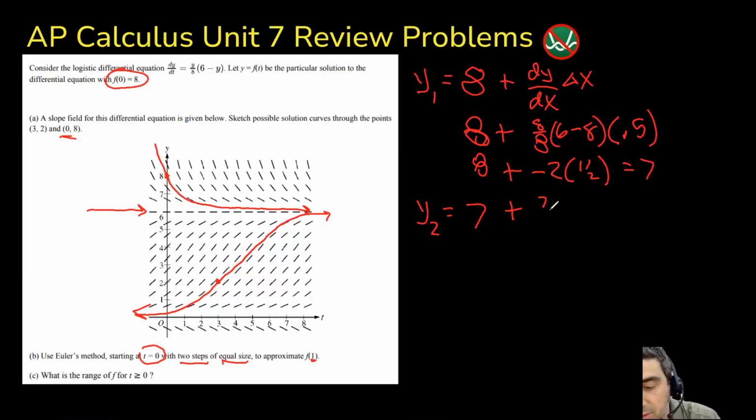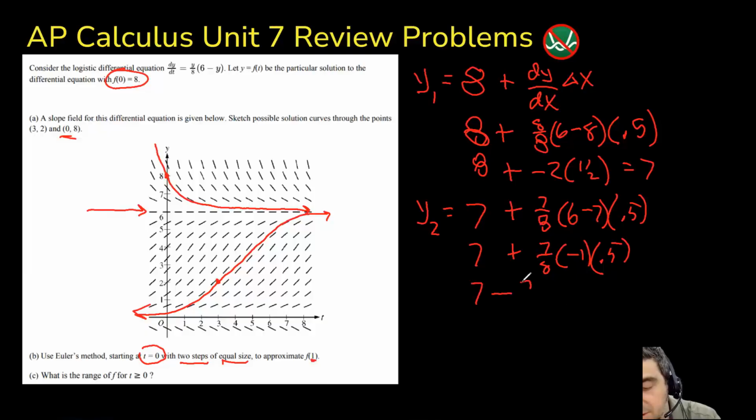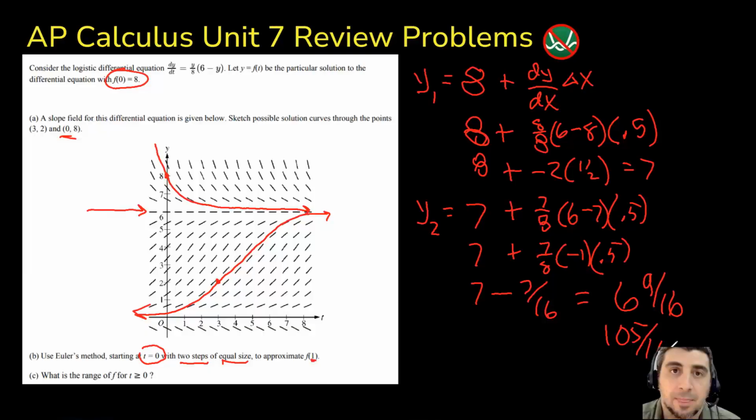So that's going to be 7/8 times 6 minus 7 times our increment, which is 0.5. So 7 plus 7/8 times negative 1 times 0.5. That's going to be 7 minus 7/16, which is equal to 6 and 9/16, or 105 over 16. Either way is fine. That's part B.